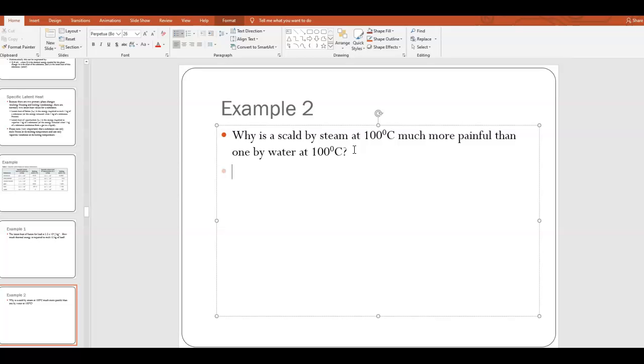Now, if they have the same temperature, I'm going to do this in red so you can see it actually. If the water and steam have the same temperature, their molecules have the same average kinetic energy. Okay, that's what temperature is a measure of, remember.